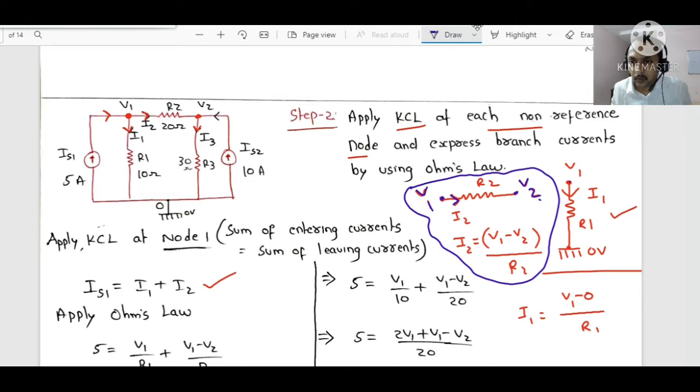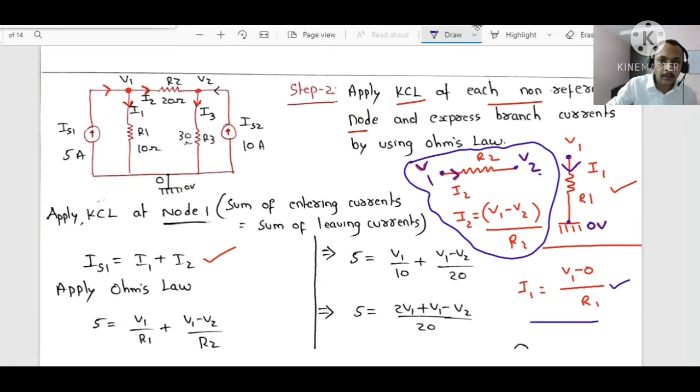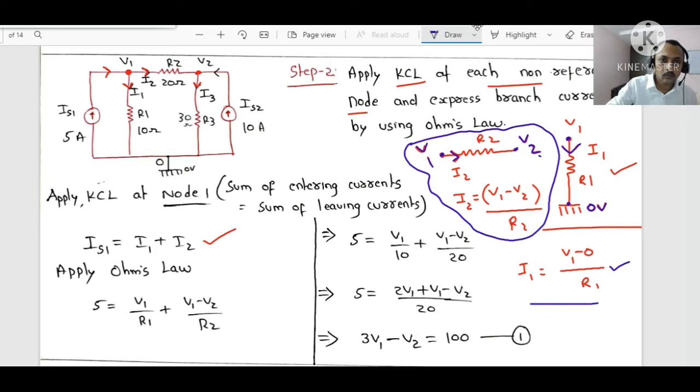Now here at this point the voltage is V1, and here the voltage is 0. What will be the value of this current? V1 minus 0 divided by R1. If you are very clear with these two basics, you can solve so many problems, right? Now let me go here. We have applied Ohm's law. I want this current I1.